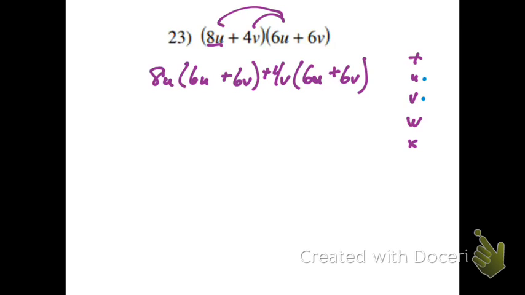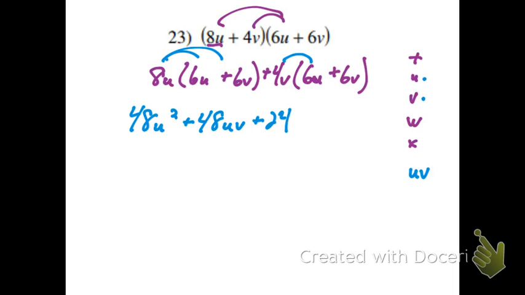So if I ever have to multiply U times V, it's going to end up looking like UV, not VU. Okay, so this would be 48U squared plus 48UV. Then I have plus 24. Now it's V times U, but we're going to call it UV. And then plus 24V squared.